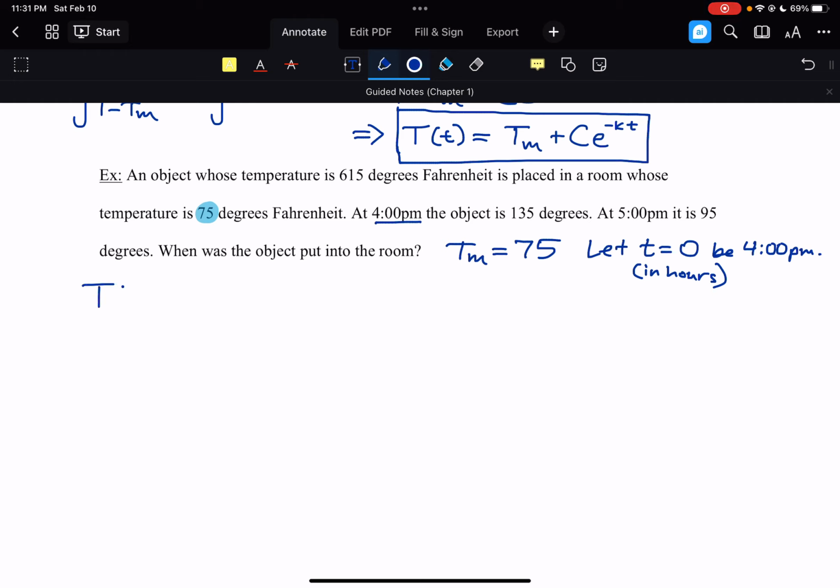So we know T of 0, the temperature of the object at time 0, is 75 plus c e to the negative k times 0. That object's temperature was 135 degrees.